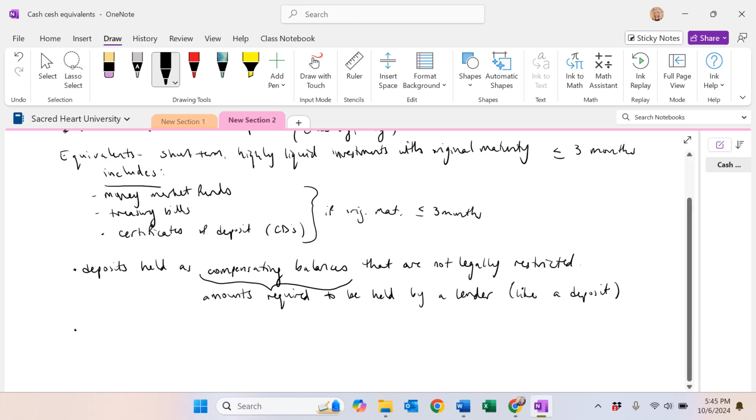Okay, another item that's included in cash equivalents, commercial paper. Commercial paper is a short-term note, and it's usually used to finance day-to-day operations.